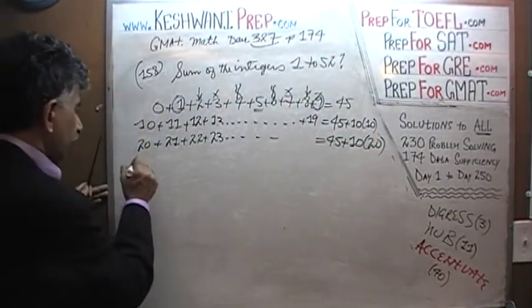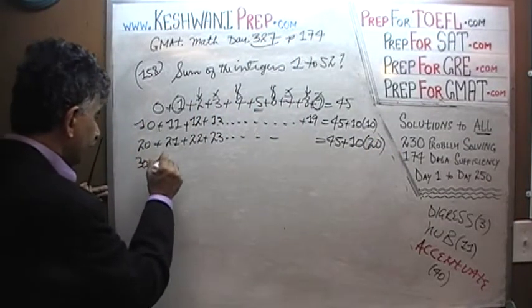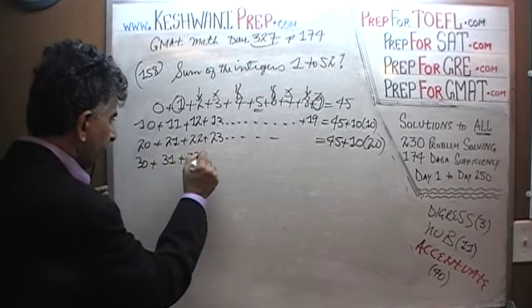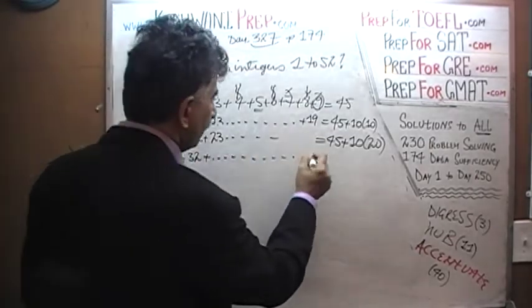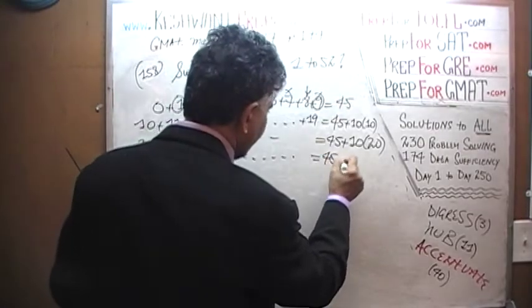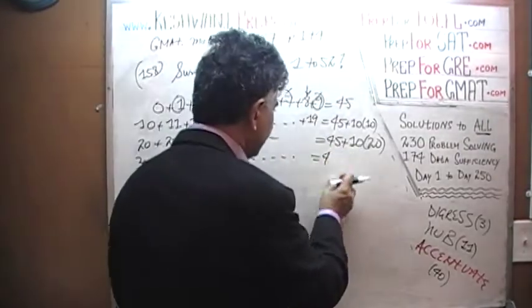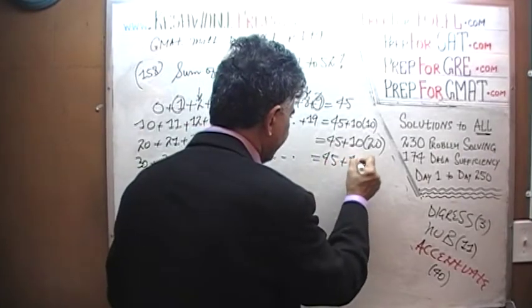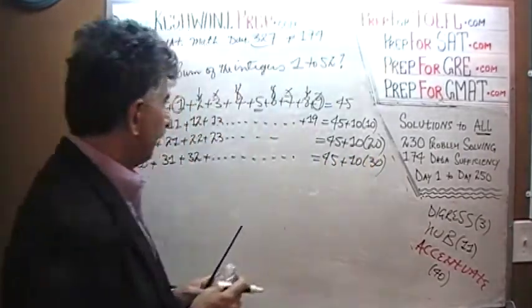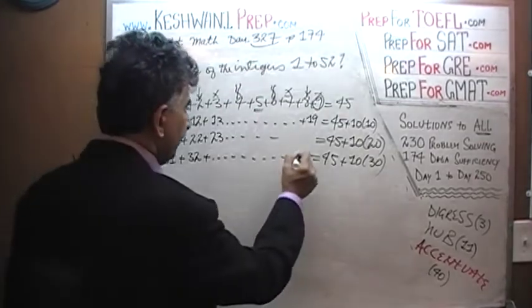Let's continue. Then we'll have 30 plus 31 plus 32 plus 33, and so on, which is going to be 45 plus 10 30s. That brings us all the way up to 39.